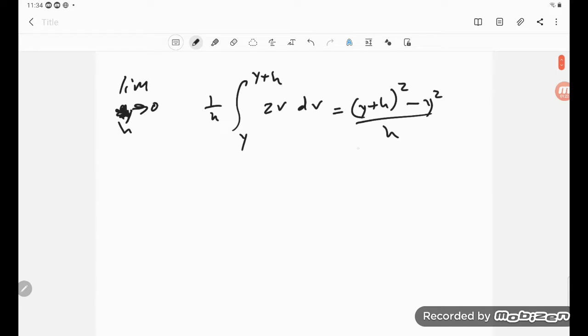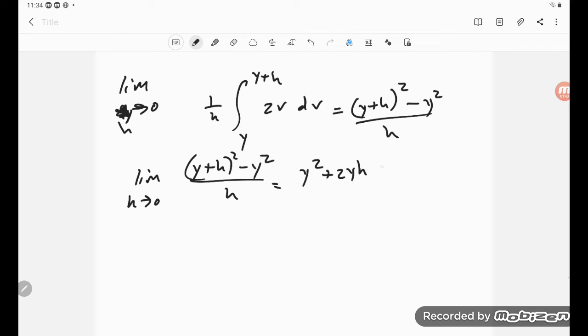And what we know then is if we take the limit as h goes to 0 of y plus h squared minus y squared over h, we're just going to get back the 2y, because we'll get y squared plus 2yh plus h squared minus y squared over h. Forgot my limit as h goes to 0.